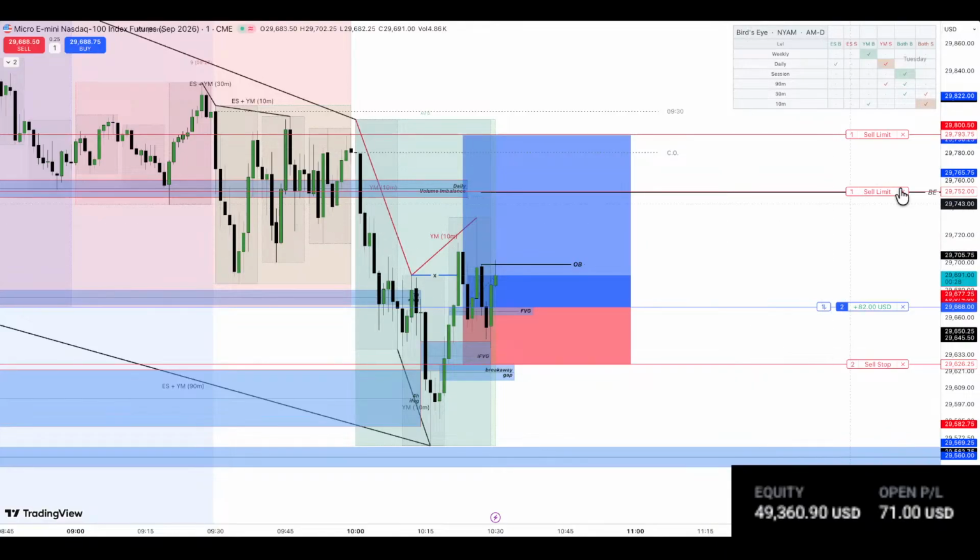After price reaches this level right here, I'm gonna be placing my stop loss to break even. Come on, price. Close above the order block. Just close above it, you know.